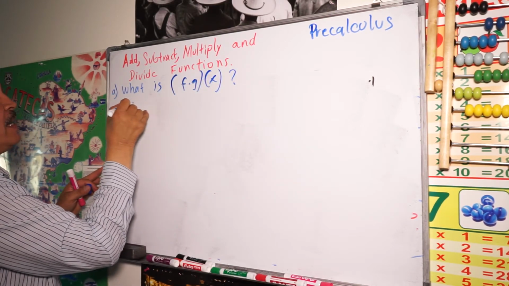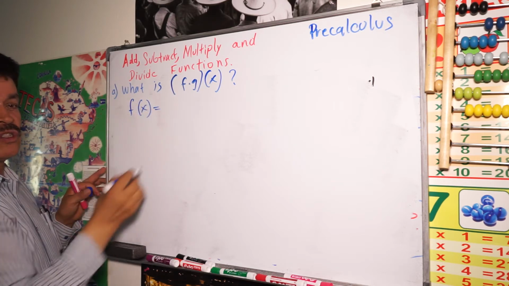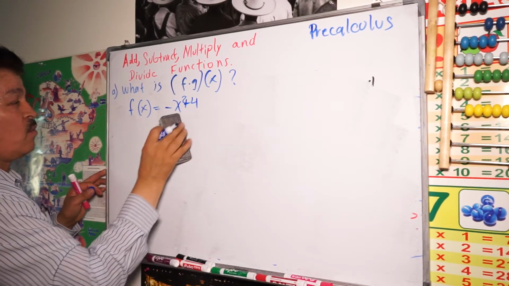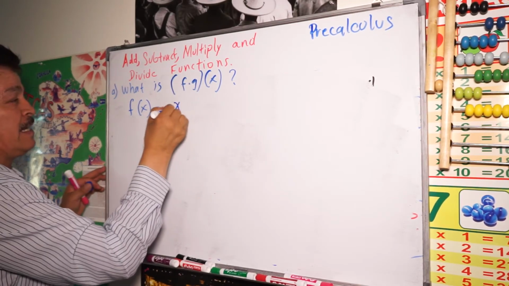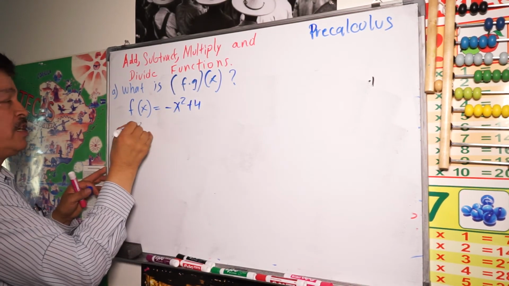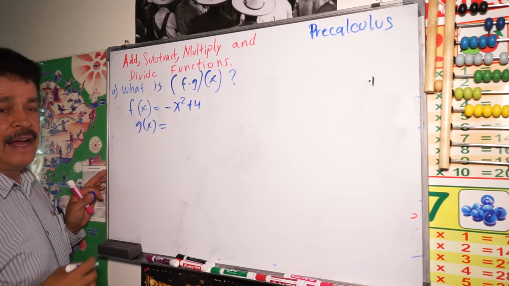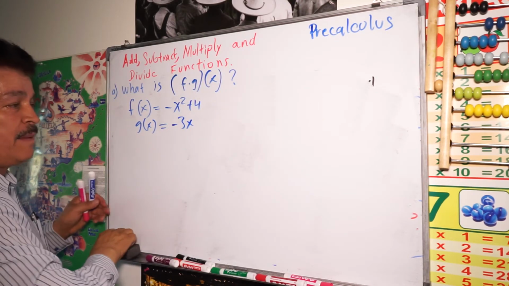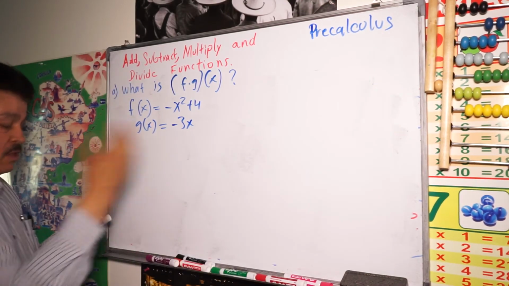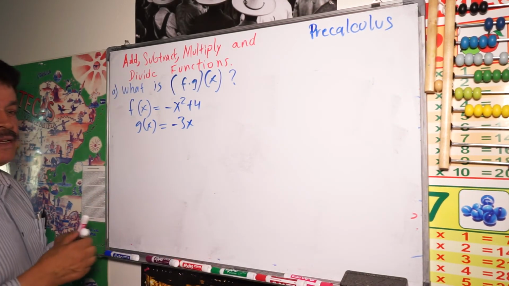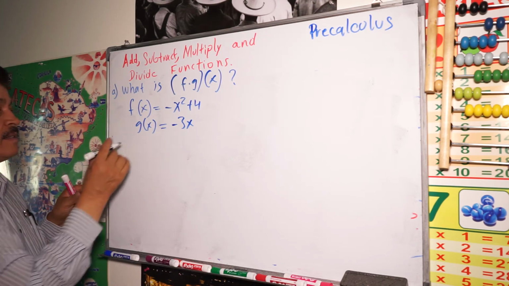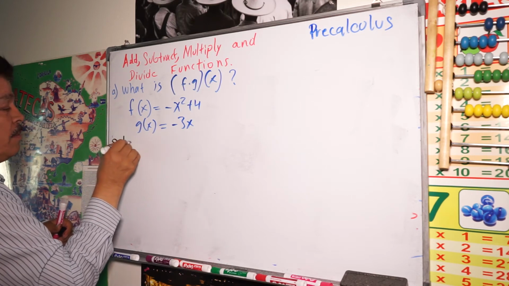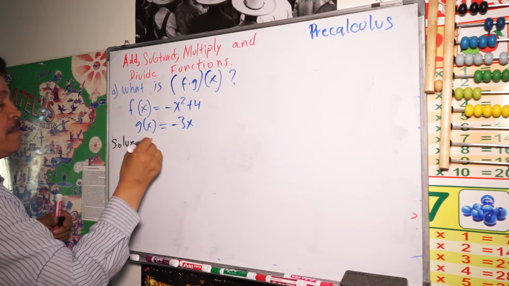With this data, f(x) is equal to negative x squared plus 4, and g(x) equals negative 3x. I'm going to try to go directly to the answer. So we solve it and then multiply.